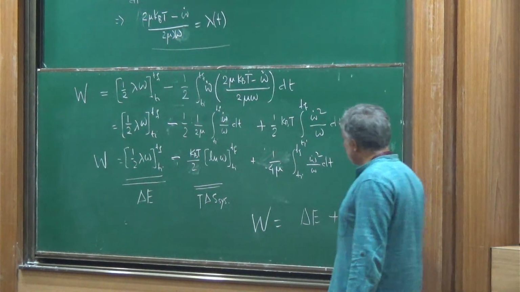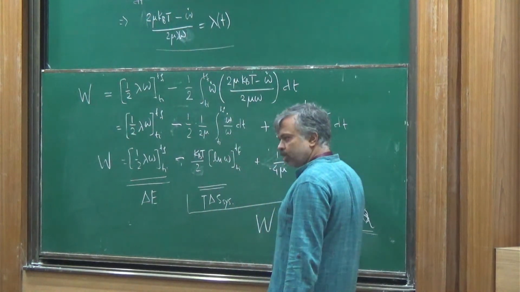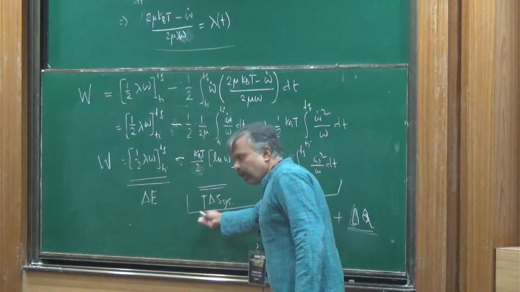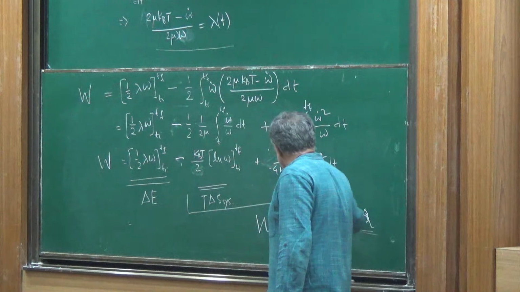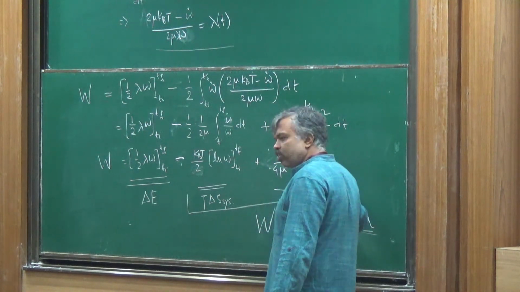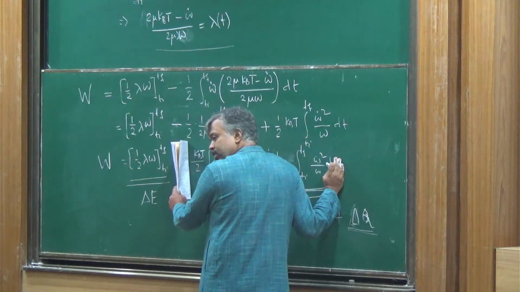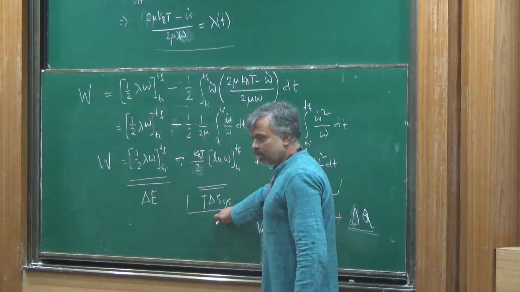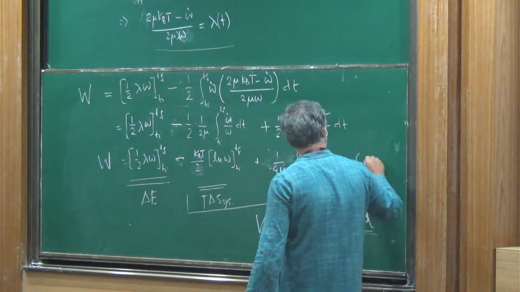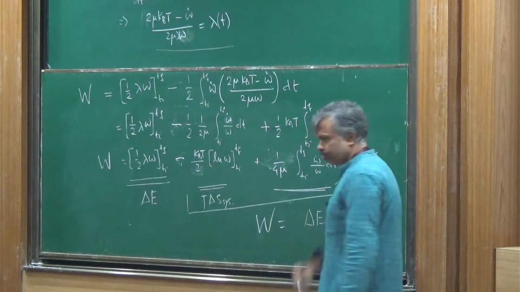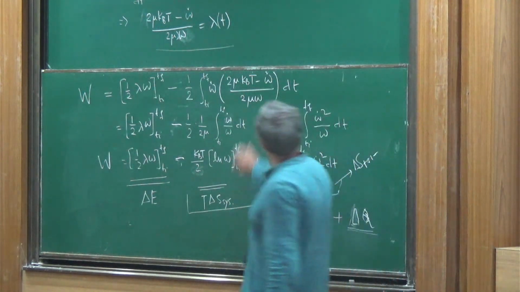Exactly. If this is my whole bath thing, and this is my system entropy, then this has to be minus total entropy, because the whole thing is the bath entropy and this is system entropy. So this has to be S total average. I will use this.